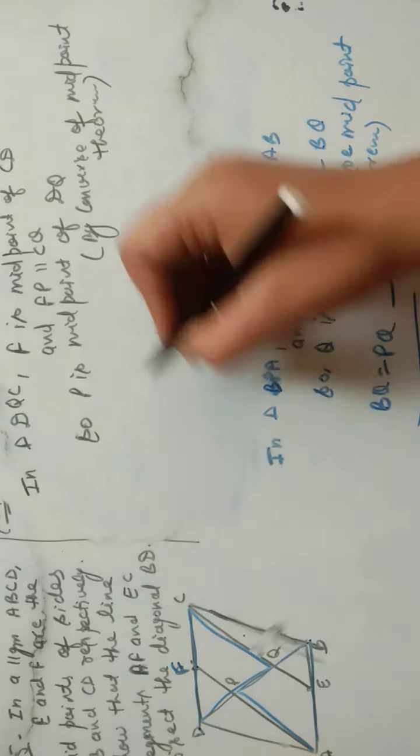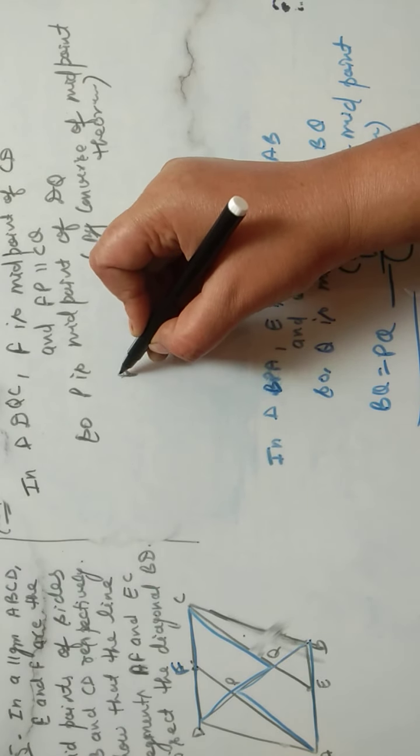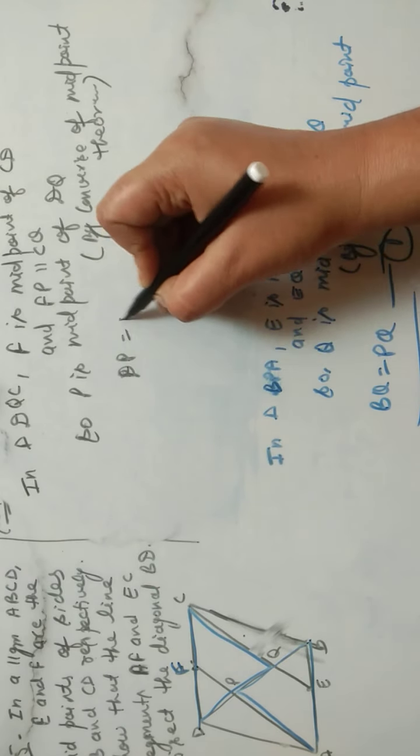If P is the midpoint of DQ, then we find that DP is equal to PQ.